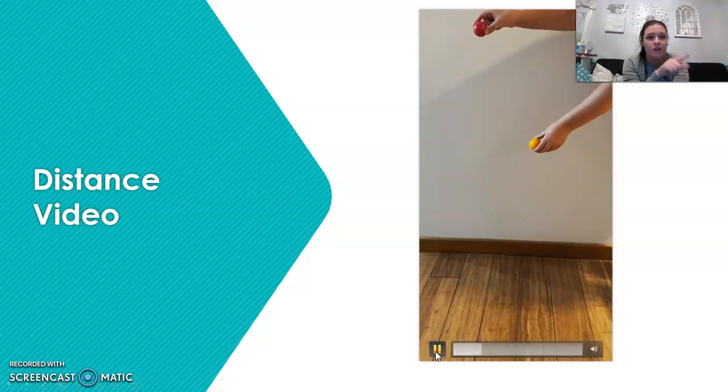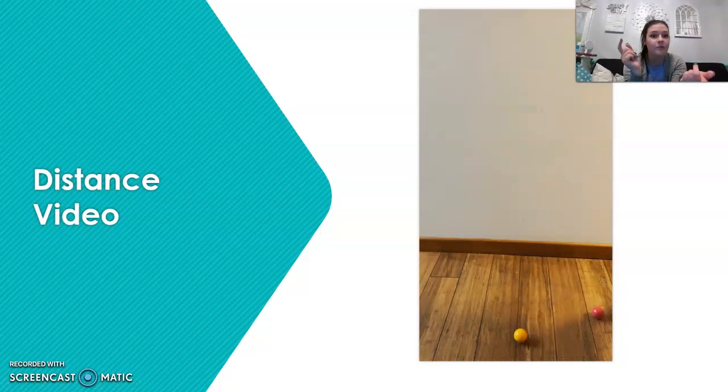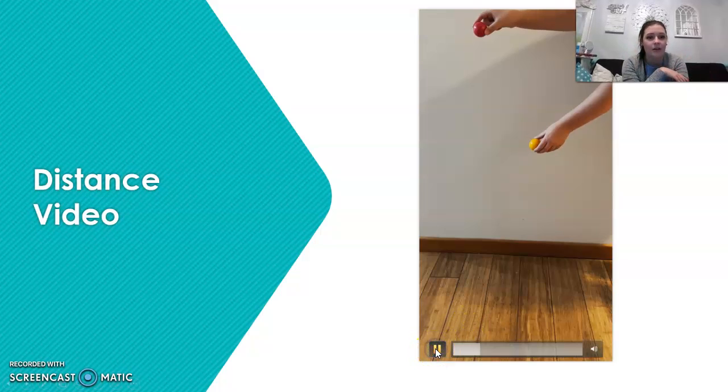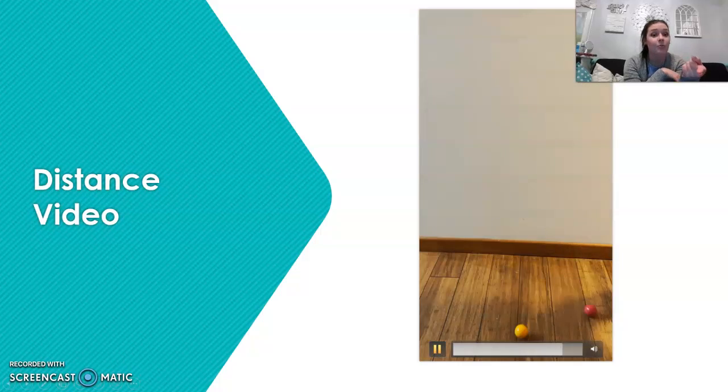In this video, I dropped one at 2 feet and one at 4 feet. I don't know if you caught it. The yellow one was dropped from a lesser distance than the red one, so the orange-yellow one dropped first because the distance between it and the ground was shorter than the red one and the ground.